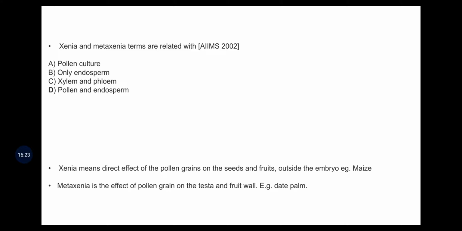Xenia means direct effect of pollen grains on the seeds and fruits outside the embryo. That means the effect is not on embryo but always targeting the endosperm.